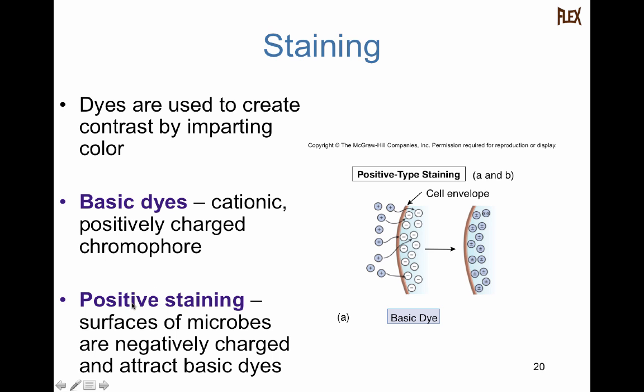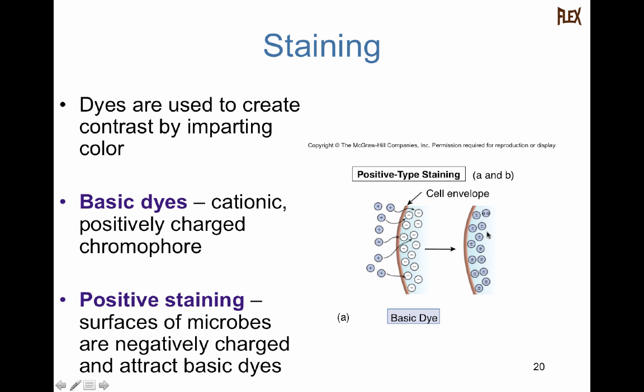The way that a positive stain works is that the whole surface of the microbe is negatively charged, so it will be attracted to this positively charged dye. Because of that, the whole cell will turn a specific color.